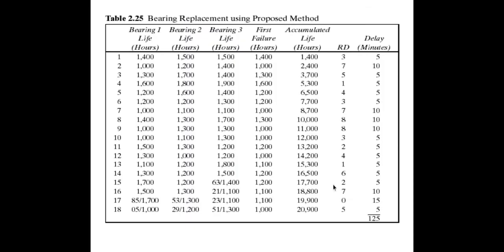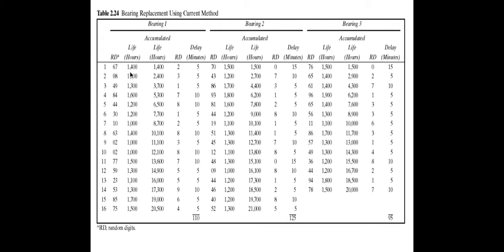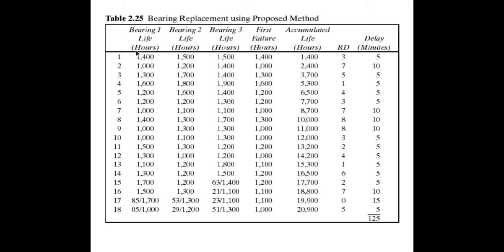So here we will simulate if we change all the bearings whenever any of the bearings fails, and what will be the total cost. Here is the table. In this table, bearing 1 is the hour that we have got from this column, and bearing 2 and bearing 3 will be placed in these columns.